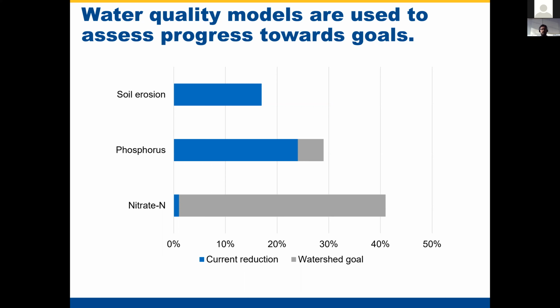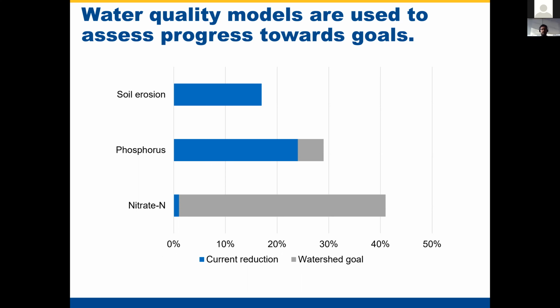These goals are based on the Iowa Nutrient Reduction Strategy, for lack of a more site-specific goal or target. But what this is showing here is that the history of soil erosion and sediment reduction practices has really led to a noticeable and visible reduction in soil erosion losses from the landscape.